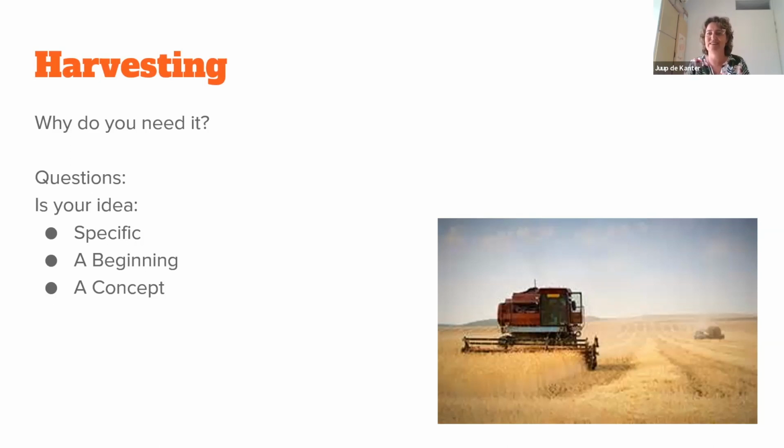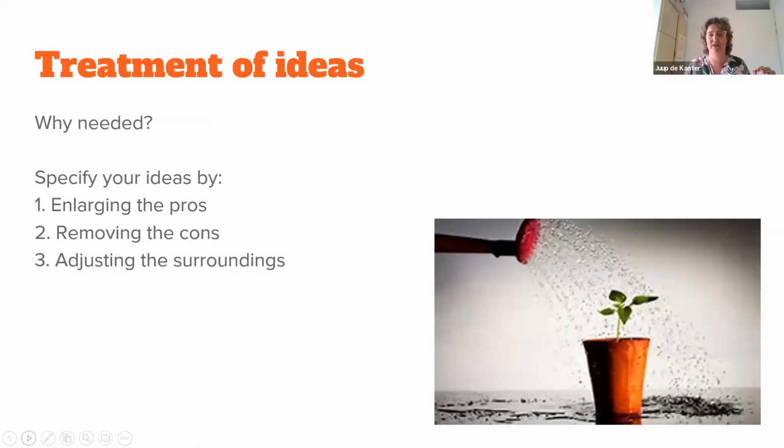Look again at this idea and ask, okay, are you specific? Are you the beginning of an idea? Are you also specific, but there are difficulties in this idea because it's too expensive, it's illegal, the technique is not available? Or is your idea more abstract or vague, and then it's a concept? And the next phase is that you have to treat your ideas to make them all specific.